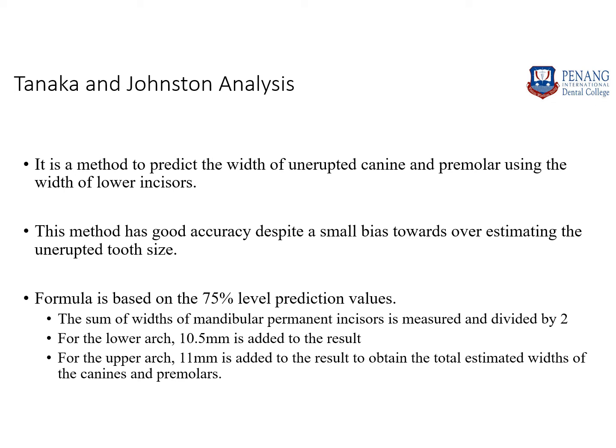So whatever number you have for lower arch, you will add 10.5 millimeters, and for the upper arch you will add 11 millimeters to obtain the total estimated width of the canines and premolars. So the value you've calculated plus 10.5 millimeters will give you the total width of canines and premolars in the lower arch, whereas adding 11 millimeters will give you the total estimated widths of the canines and premolars in the upper arch.